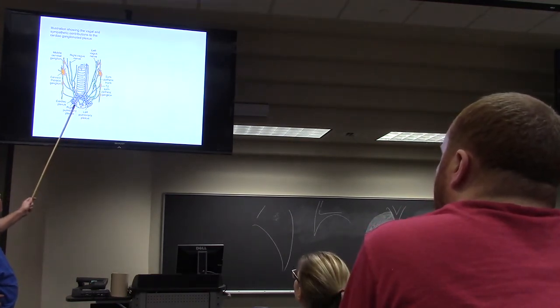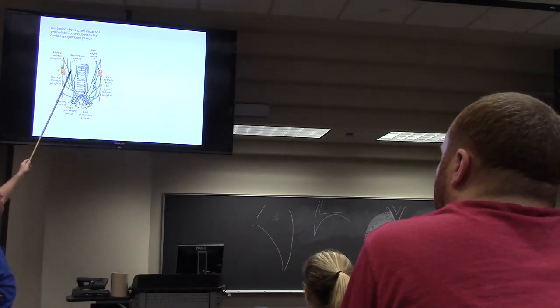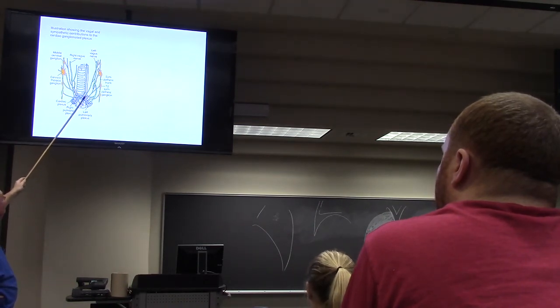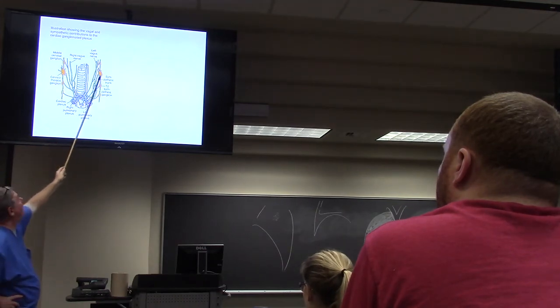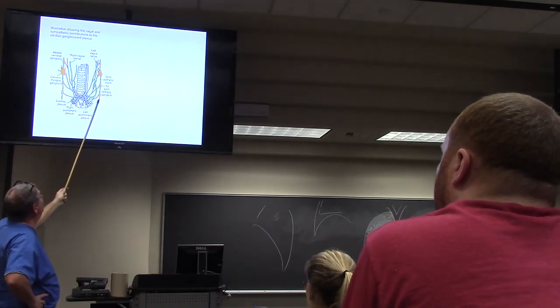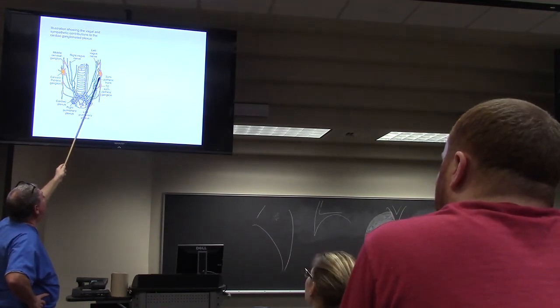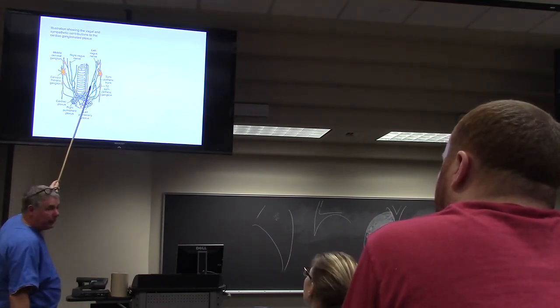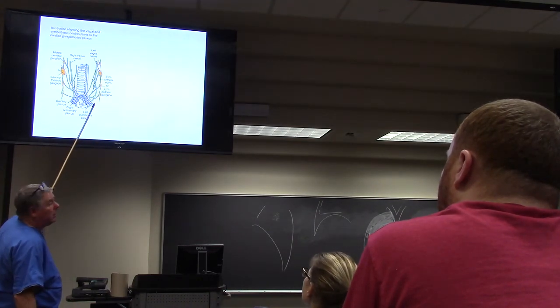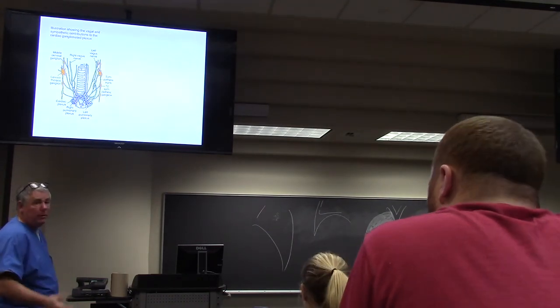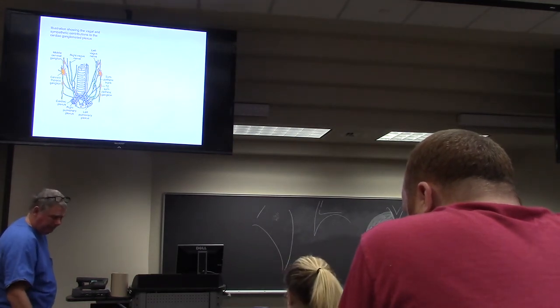The green represents the vagus. They're going to synapse in here and just go right to the lungs. This color over here would be the sympathetics coming out of the chain as postganglionics, going straight to the viscera.